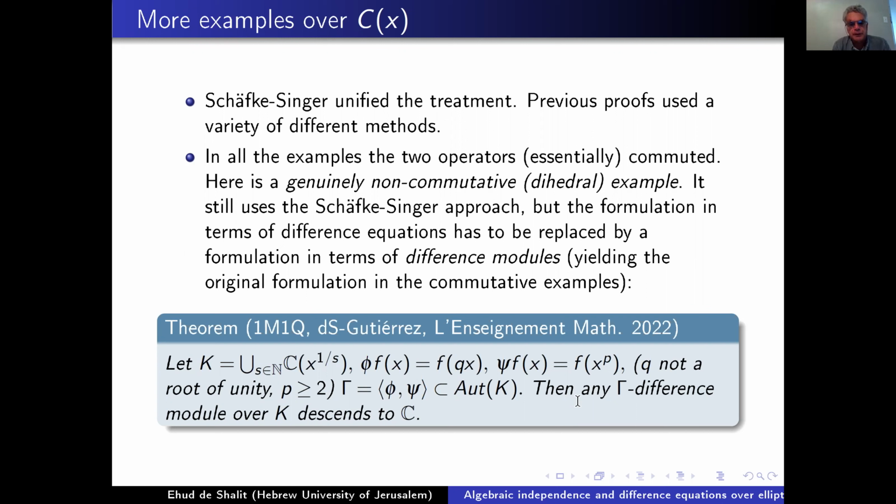And in a paper with Jose Gutierrez, we proved recently a similar theorem phrased in terms of gamma difference modules for a couple of operators that do not commute. One is a q-difference operator, the other one is a Mahler operator, and the group that they generate in the automorphism group of the field is a generalized dihedral group in this case.